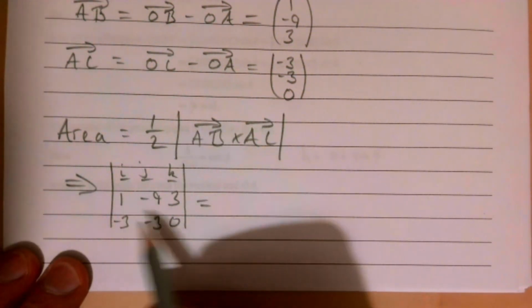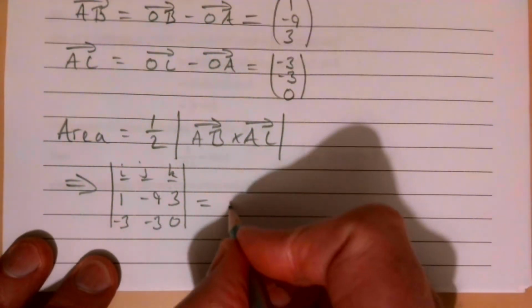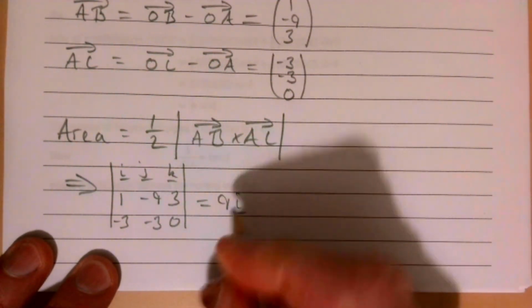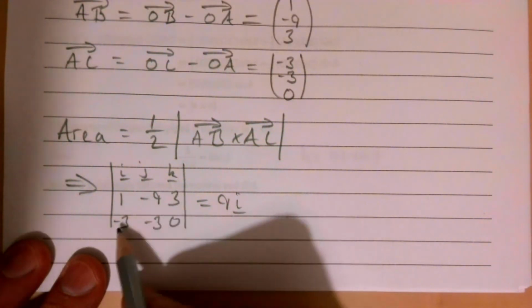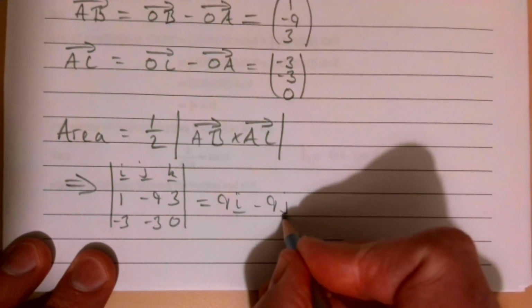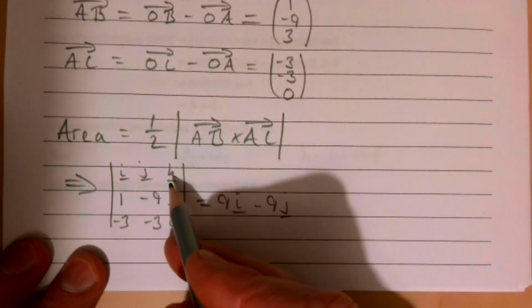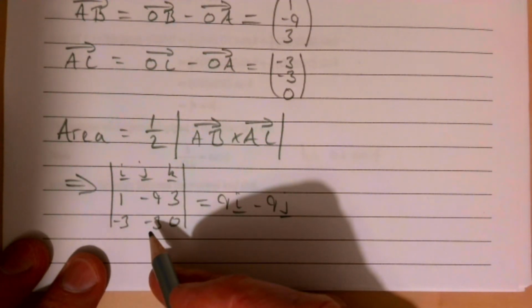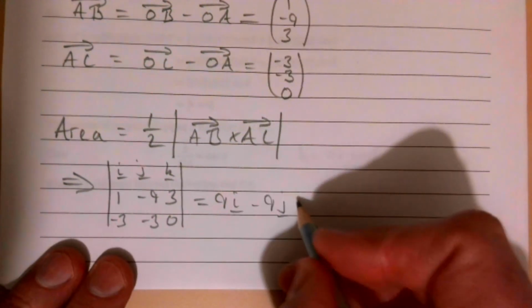So that's going to be 9i. For the j, that's a 0, so it's minus 9j. And then the k, what's that going to be? Minus 3 minus 27, so minus 30k.